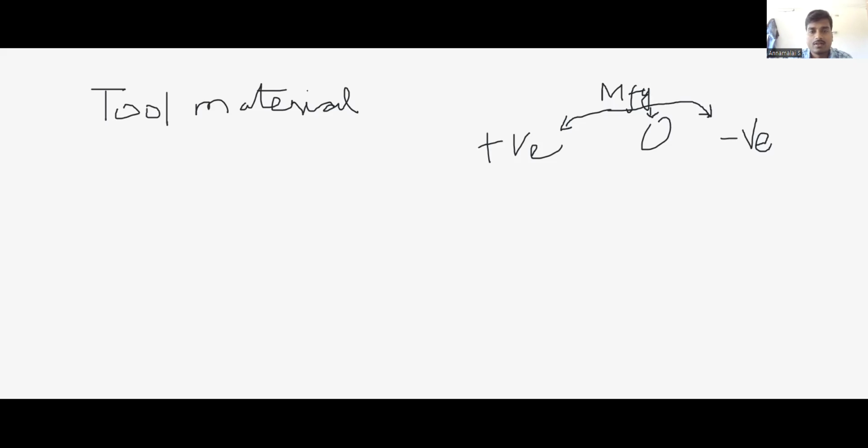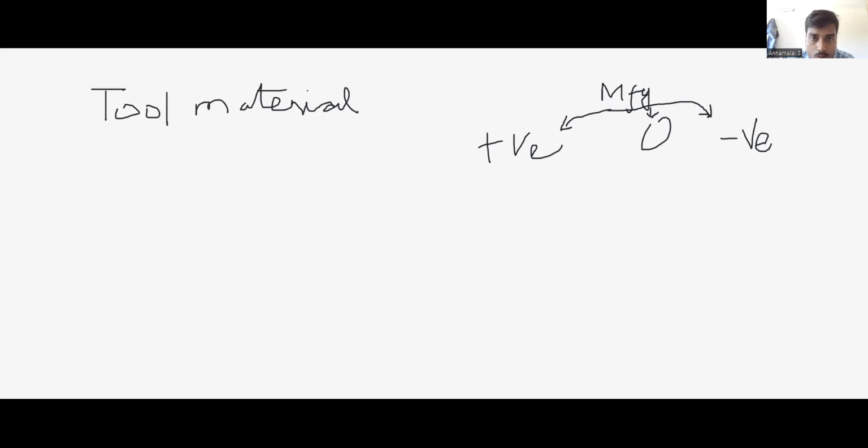Since we have been discussing the manufacturing processes, there are three types of manufacturing process. As I said earlier, one is the zero manufacturing process, in which neither material is added nor removed from the raw material. Whatever material we take for the manufacturing process, only the shape and size will be changed.